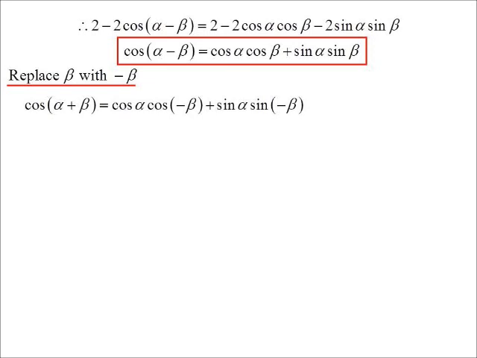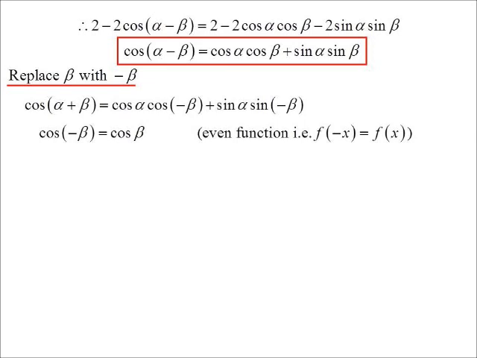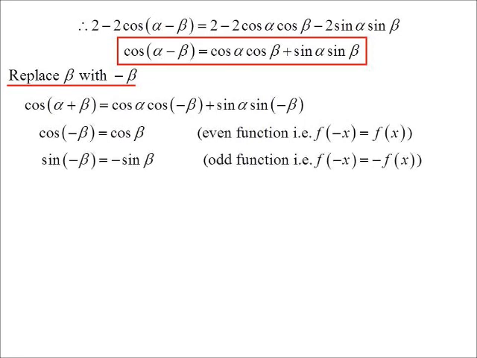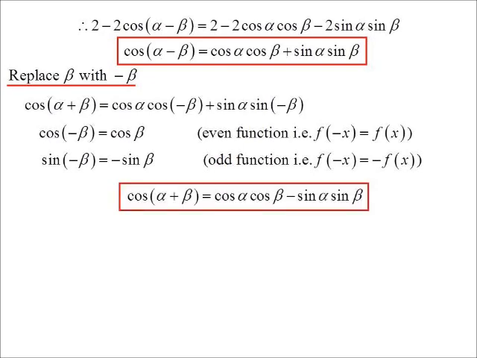I get cos alpha cos minus beta, sine alpha sine minus beta. But cosine is an even function. So therefore the cosine of minus beta is the same as cosine beta. Sine is an odd function. So the sine of minus beta is the same as minus the sine of beta. So let's tidy that up. And we get cos of alpha plus beta is cos alpha cos beta minus sine alpha sine beta.